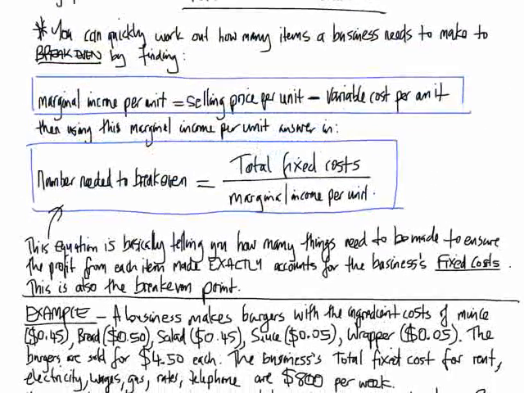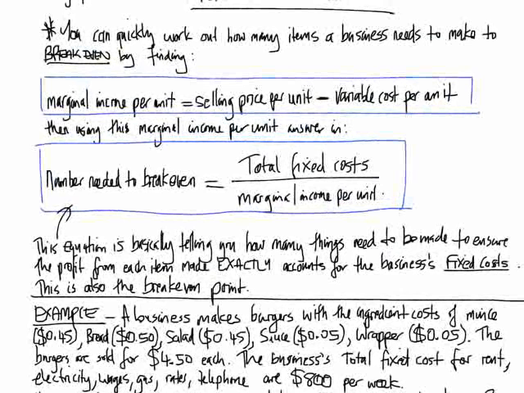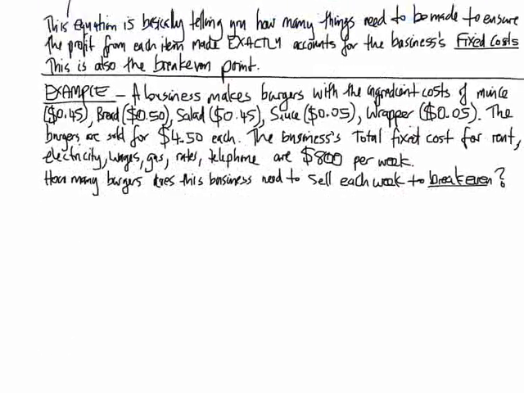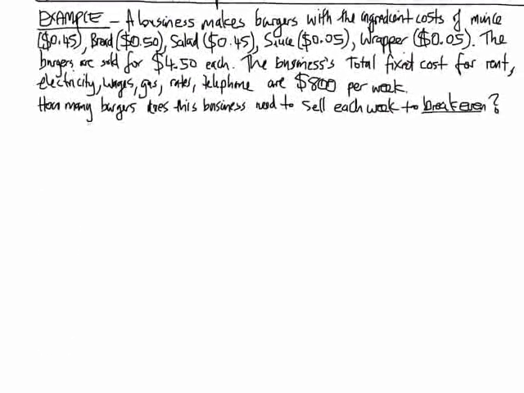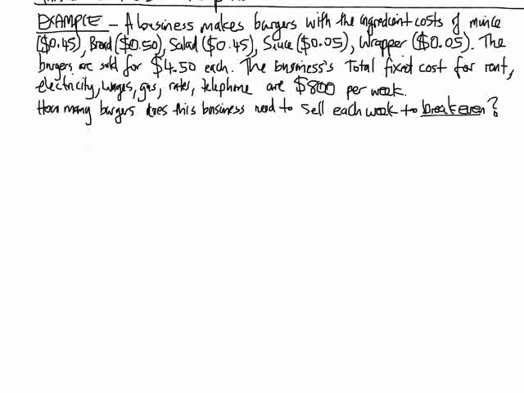So we have to look at the formulas we're going to play with. We need to work out what the marginal income per unit is, and then input that into here. But further, we need to work out what the variable cost per unit is in total. It's not just the mince, it's not just the bread, it's all combined.